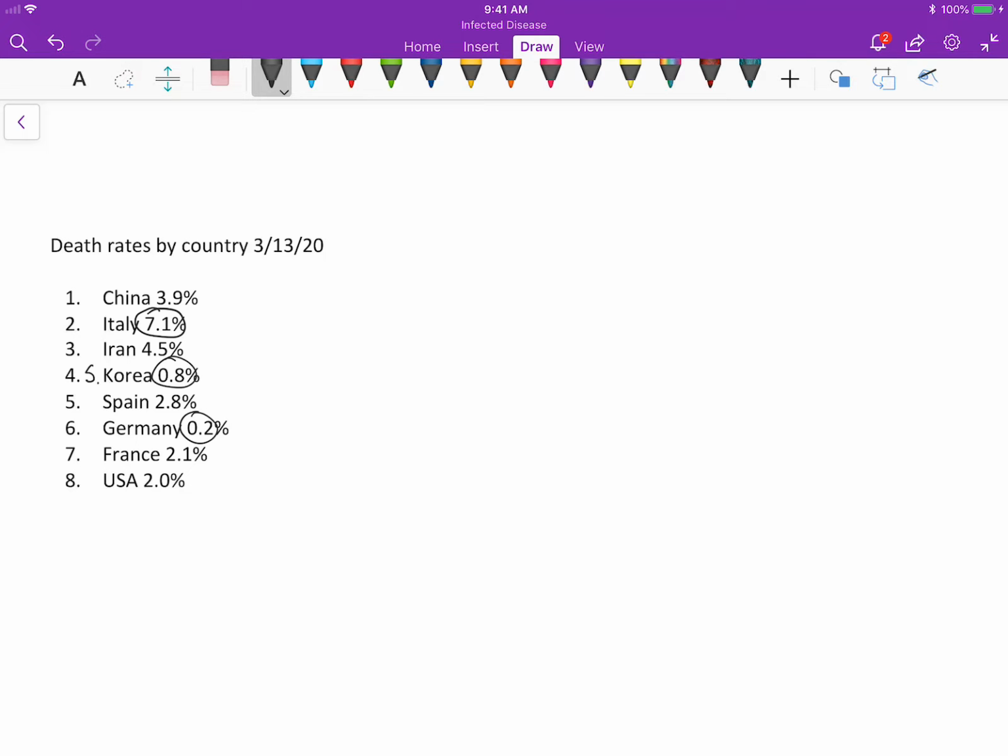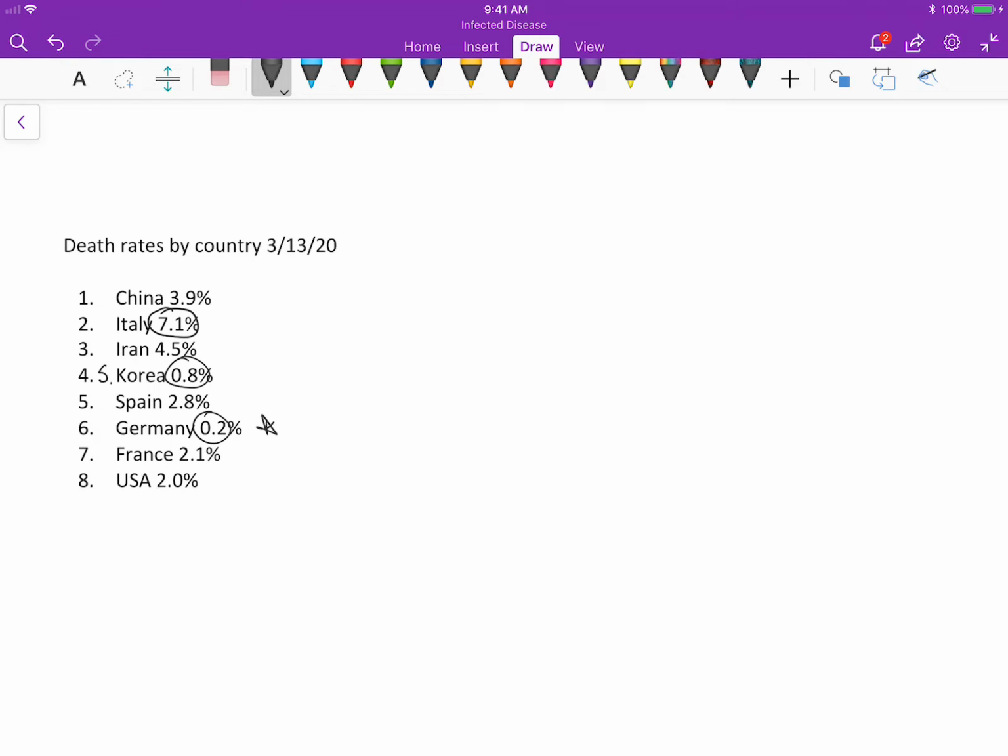So I think this data is encouraging that we see death rates lower than 1%, USA about 2%. And I think this gives us an idea of the amount of testing that is taking place in the country.